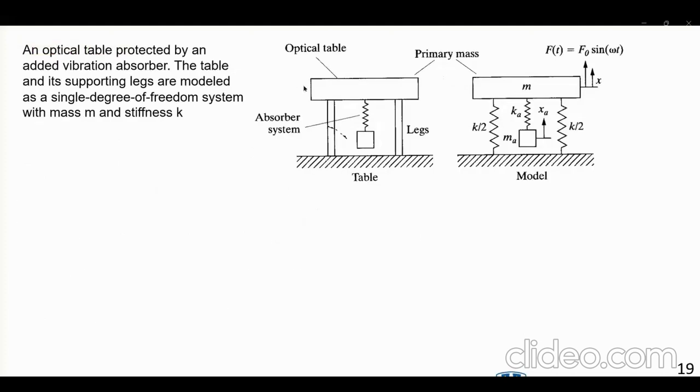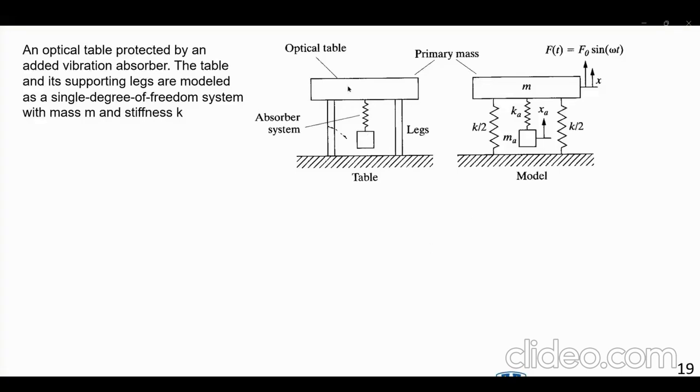So here's the situation. We have a machine here. It's got legs, right? And this machine could be, for example, an out of balance machine turning here. And because of that, the actual platform vibrates violently. So what you do is you add a mass connected to the machine through a spring.